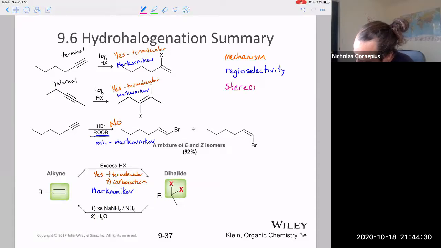Stereoselectivity. Again, yes, in the case of our hydrohalogen, these are going to be anti-additions. It actually, I guess, doesn't matter if it's a terminal alkyne because you don't create any stereocenters.